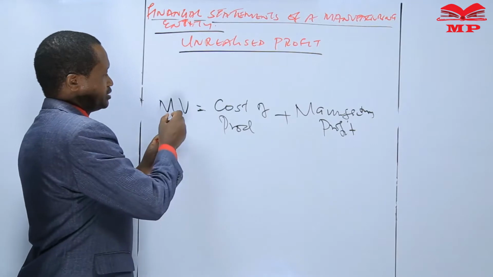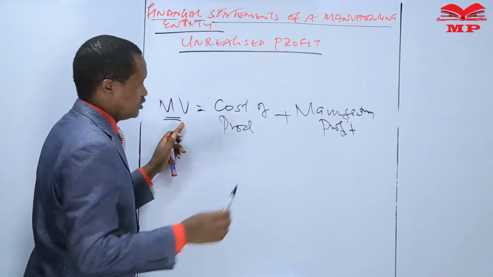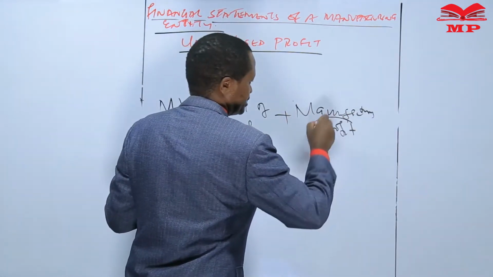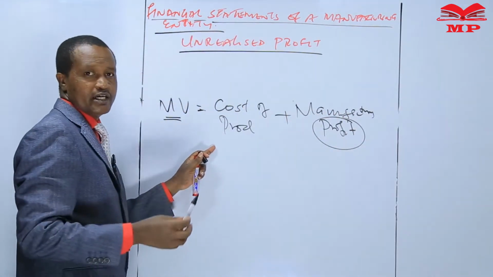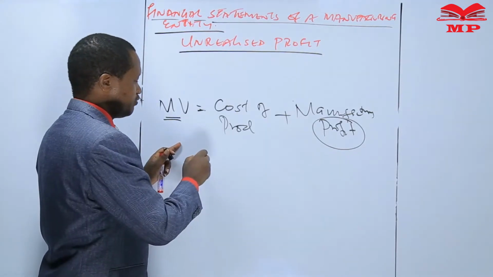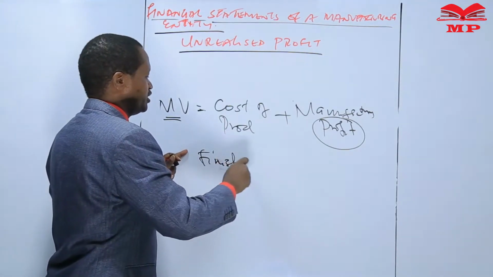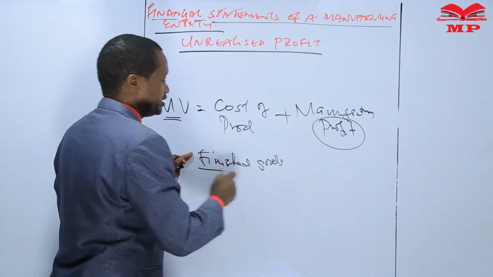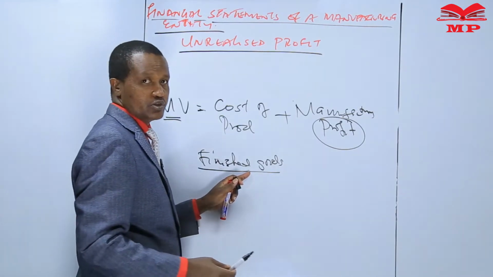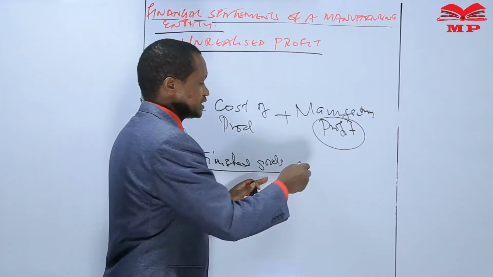So goods in this case would be valued at the market value, which means incorporated in this value is a profit element. At the end of the accounting period, if there are stocks of finished goods, then that would mean that the profit, because the purpose for producing goods is to sell, is only realized after sale.